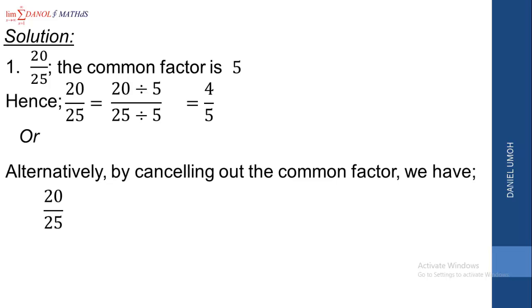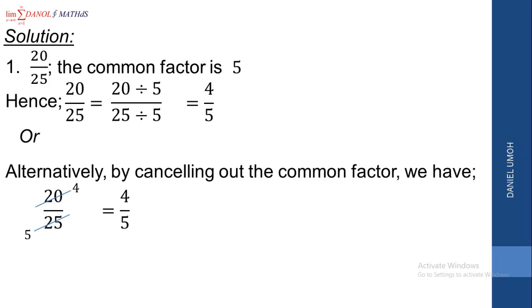We know the common factor to be 5. So we use 5 to divide it. 20 divided by 5 gives us 4. We now also say 25 divided by 5, that gives us 5. This is called cancellation method.